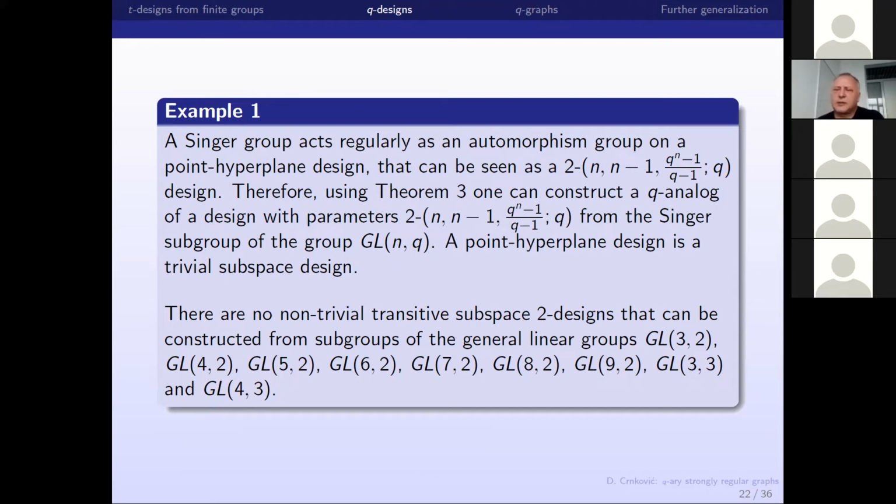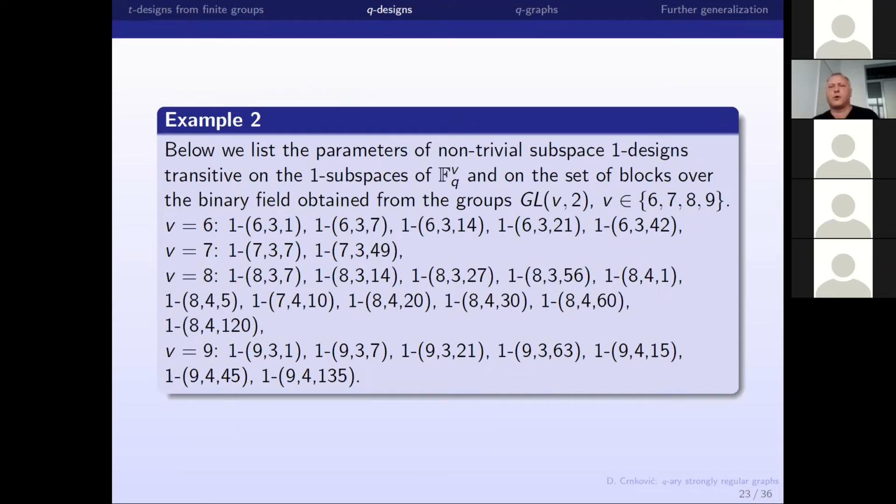And we checked these small groups, GL(3,2), GL(4,2), and so on, and we didn't find a transitive subspace 2-design in this. But of course, we got some 1-designs, and so this is a list of 1-designs.